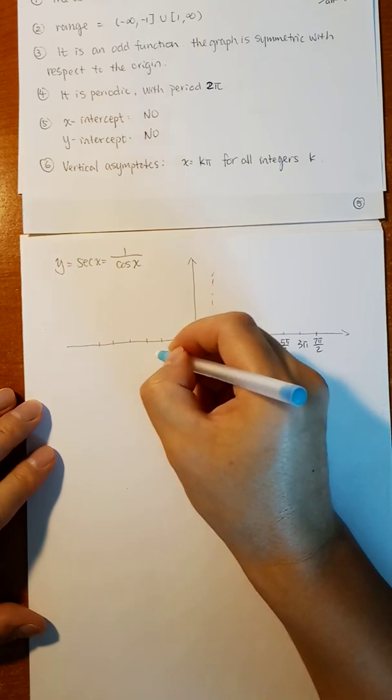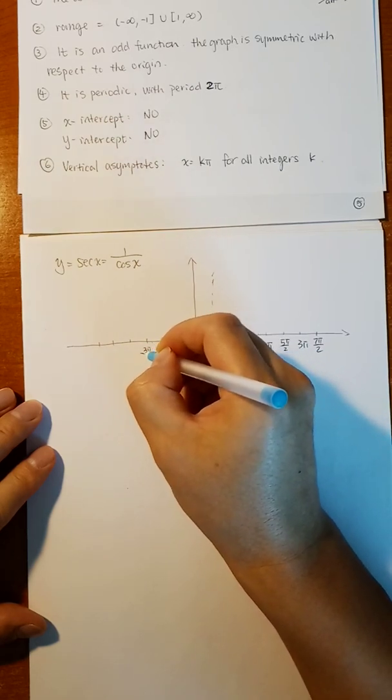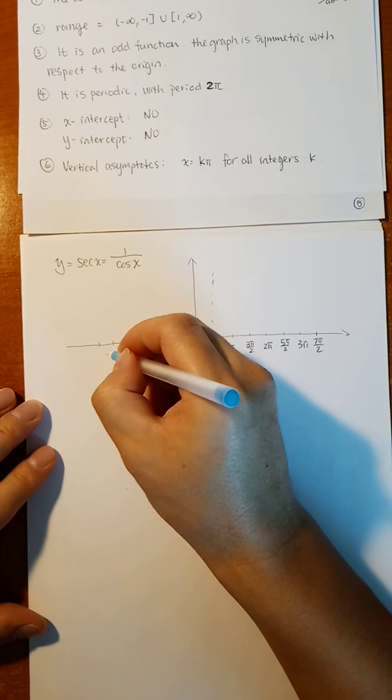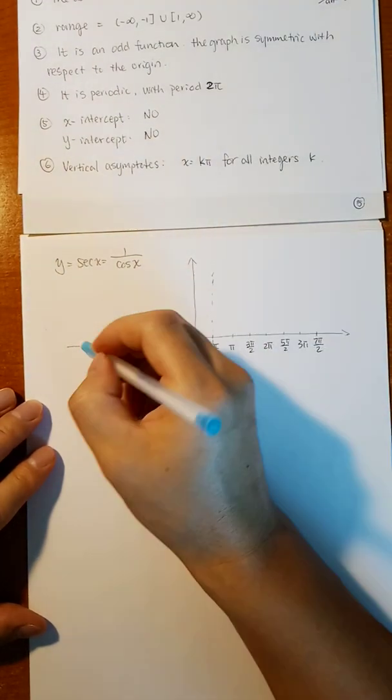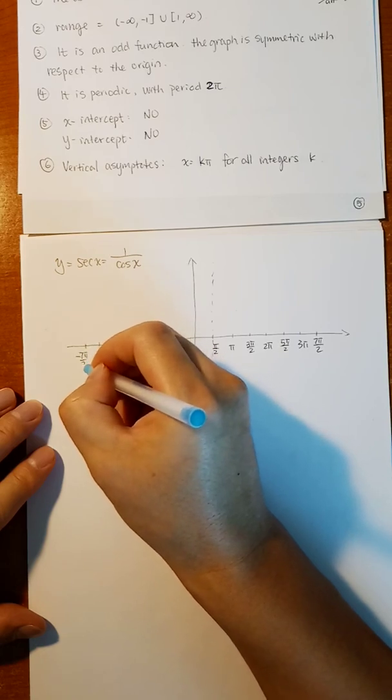Negative pi over 2, negative pi, negative 3 pi over 2, negative 2 pi, negative 5 pi over 2, negative 3 pi, and negative 7 pi over 2.